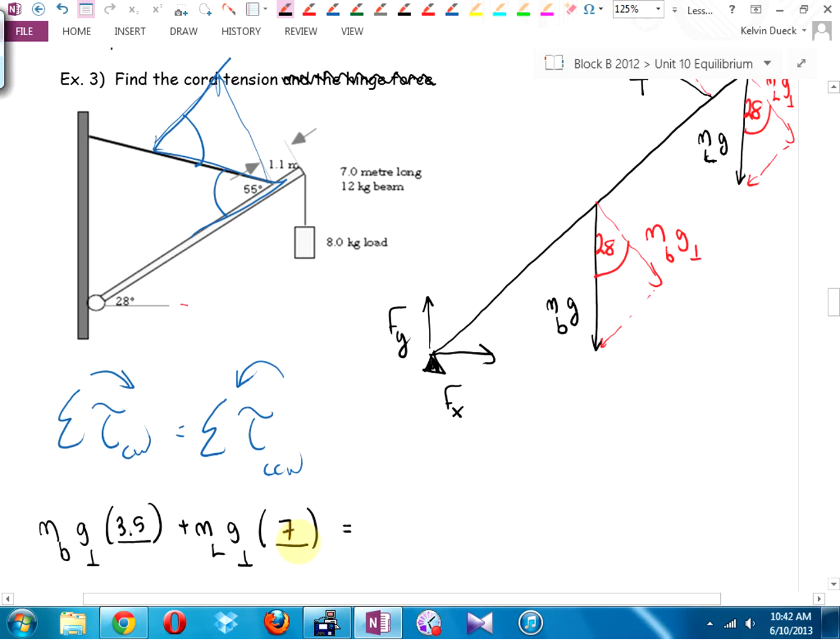Tension is not on the end. Thank you for reading the diagram correctly and preventing me from making a mistake. Speaking of tension, I think tension perpendicular is the counterclockwise torque times its distance from the pivot, which is, now I agree, 5.9.